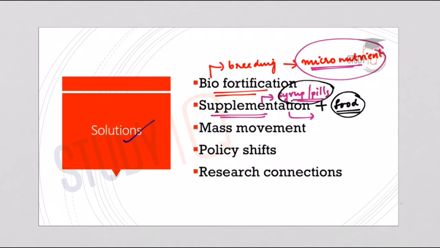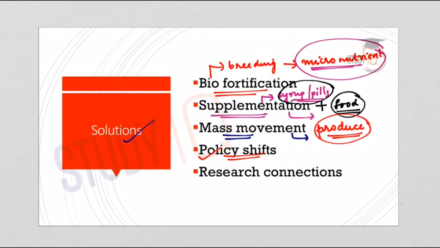Also, mass agricultural rural-urban movements can help in this regard. Here, mass movements in agriculture means an increase in the production of nutrient-rich crops. So, farmers should be provided with incentives to produce more nutrient-rich crops. And policy makers also should turn their attention towards addressing the issue of hidden hunger.